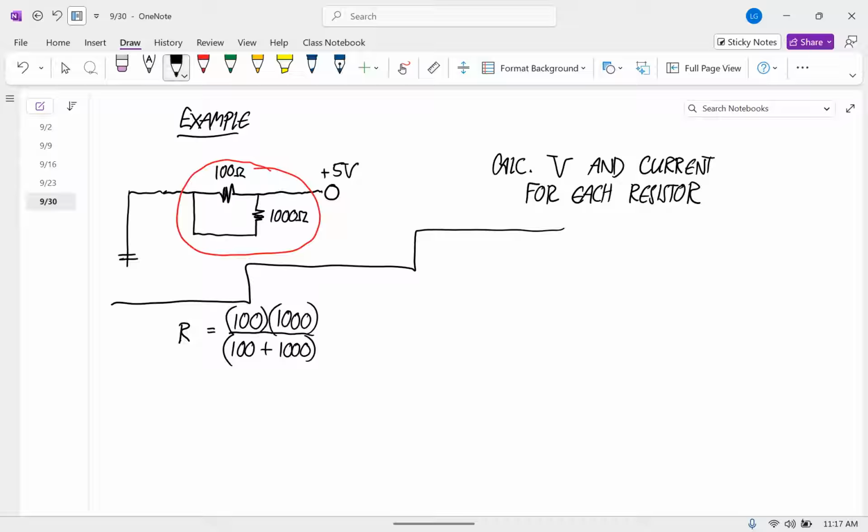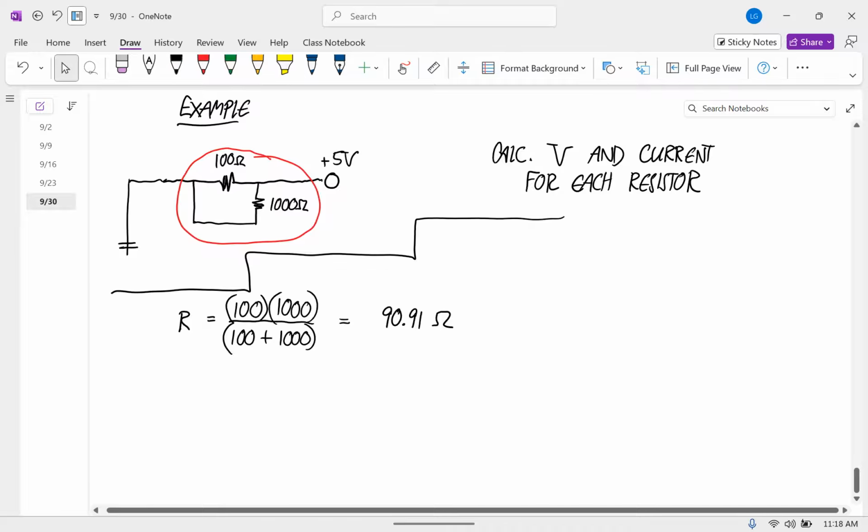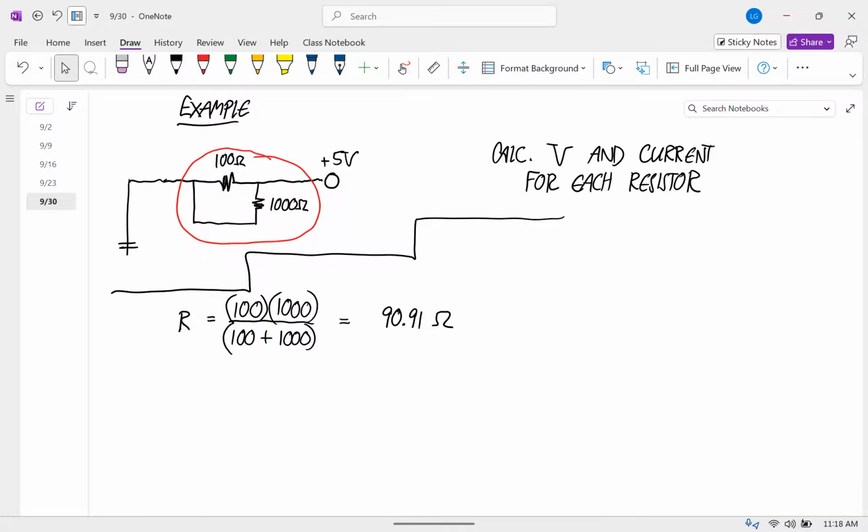That'd be 90.9. It goes on and on. So this is ohms. And now we can use that to figure out what the total current is. Actually, we don't even have to do that, to be honest.